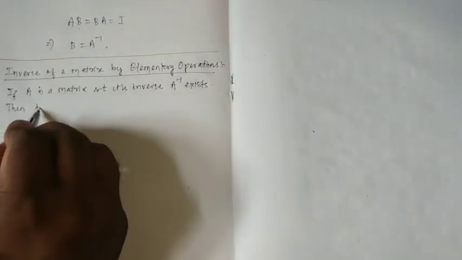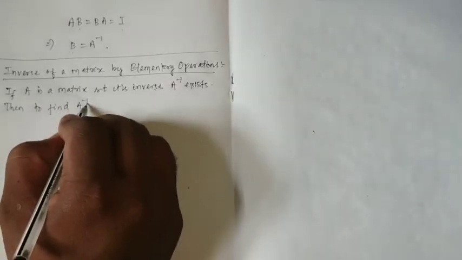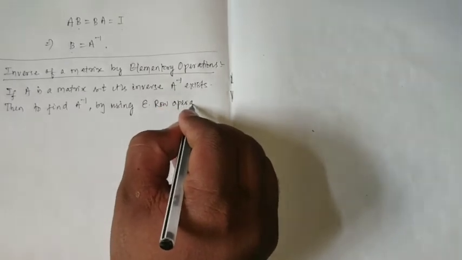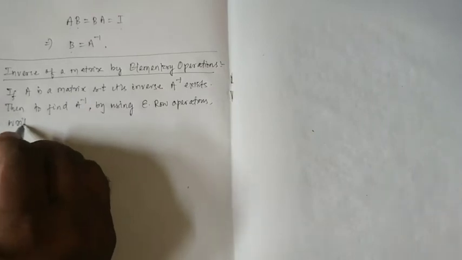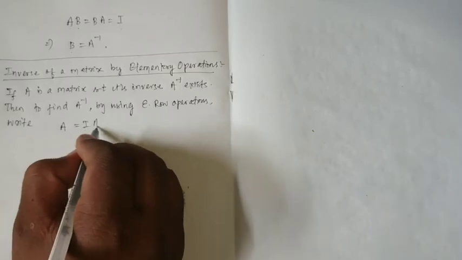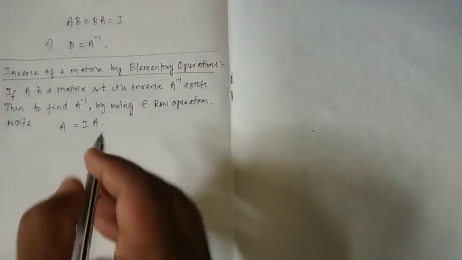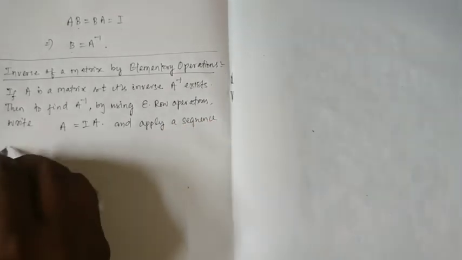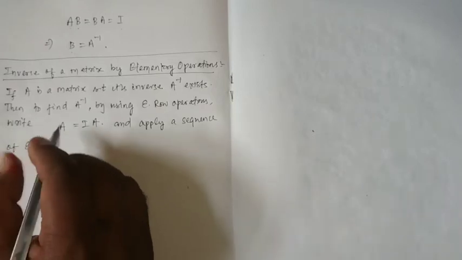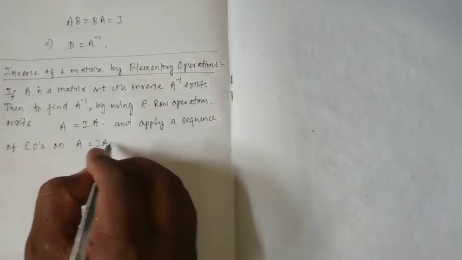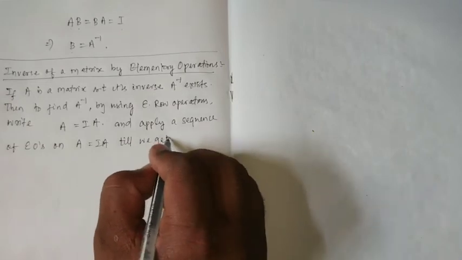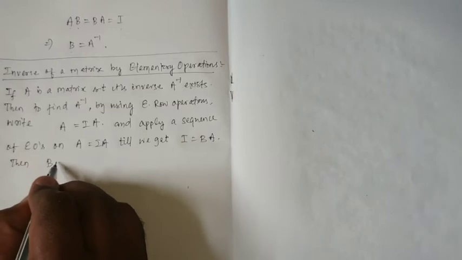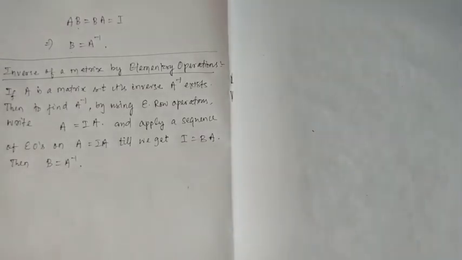Then to find A inverse by using elementary row operations, write A equals I times A and apply a sequence of elementary operations on A equals IA till we get I equals BA. Then B is the inverse of A.